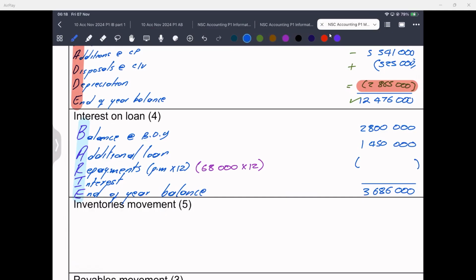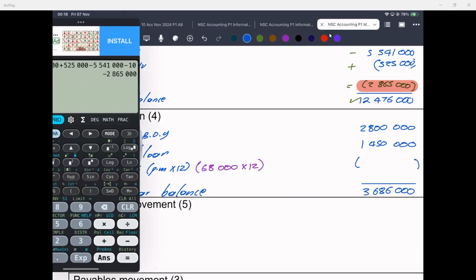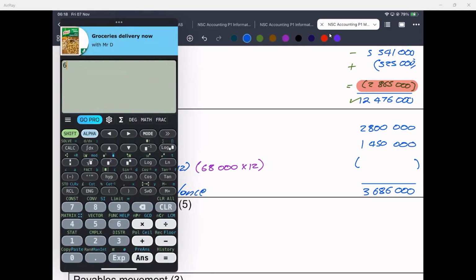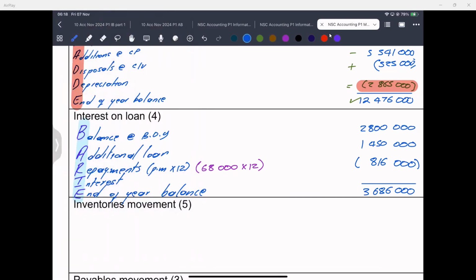The repayments will decrease what we owe towards the loan. So I have 68,000 multiplied by 12. It'll give me 816,000. And then you work backwards.